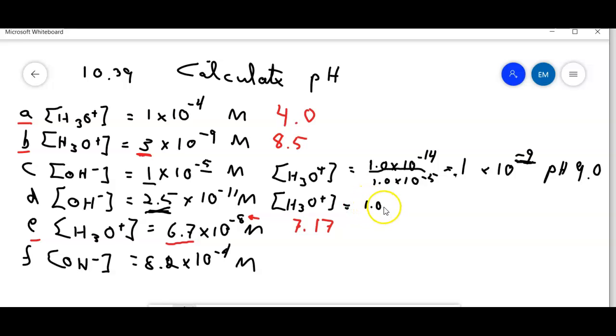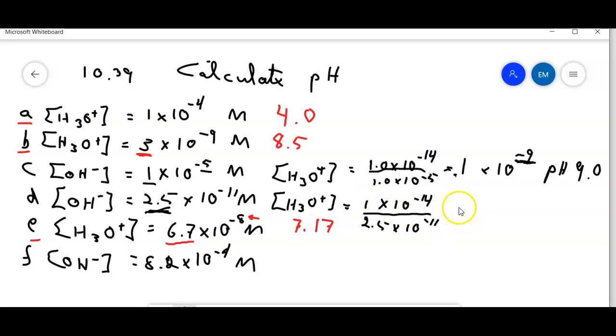It's equal to 1 times 10 to the minus 14th divided by 2.5 times 10 to the minus 11th. This 1 times 10 to the minus 14th is essentially exact.